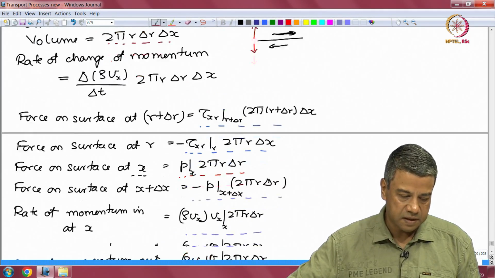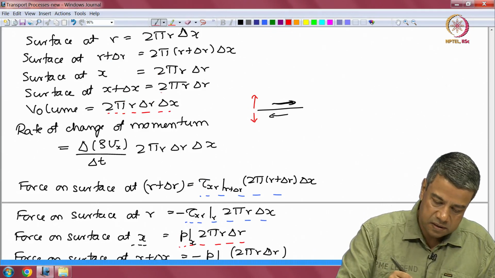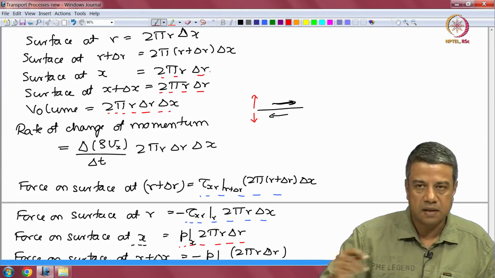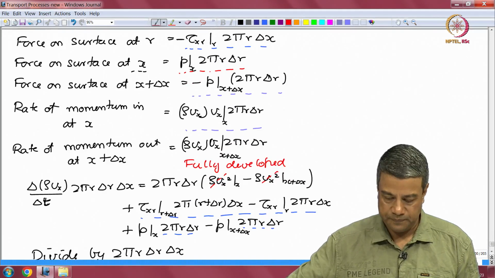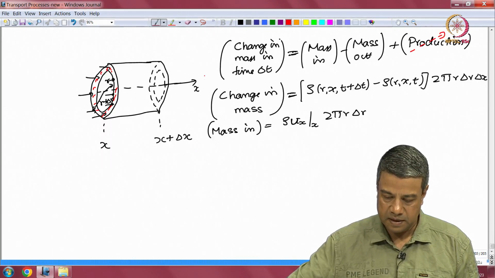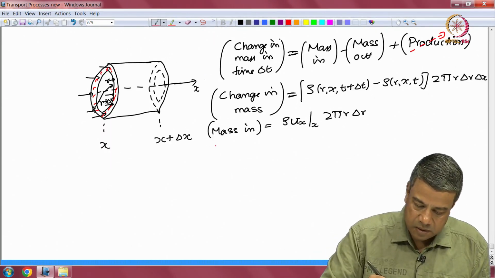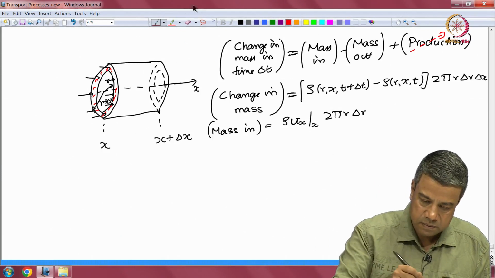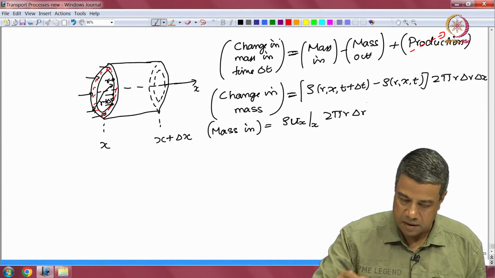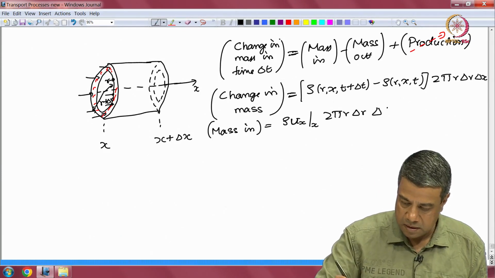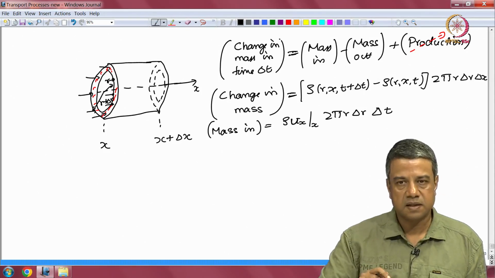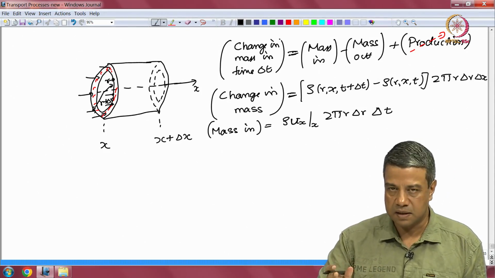So, this is the surface area at the location x, which is the same as at the location x plus delta x. So, therefore, the mass in, I am sorry, you have to multiply by delta t as well, is equal to the mass flux times the surface area times delta t.